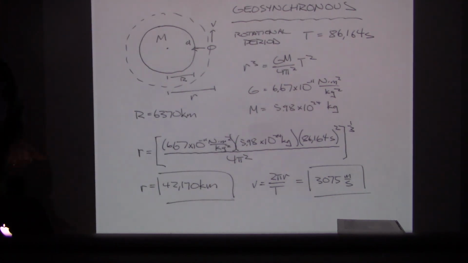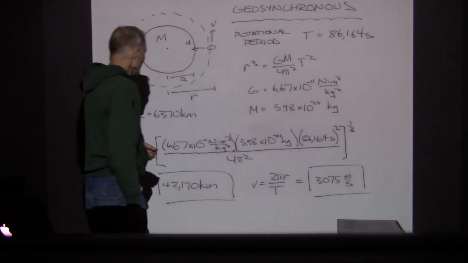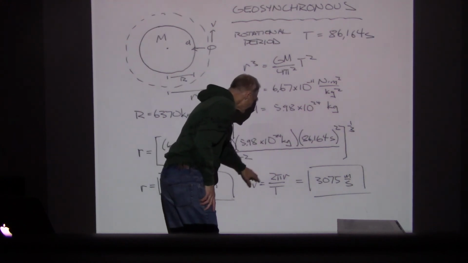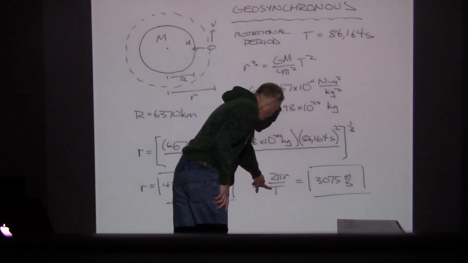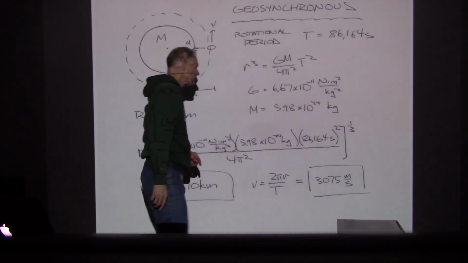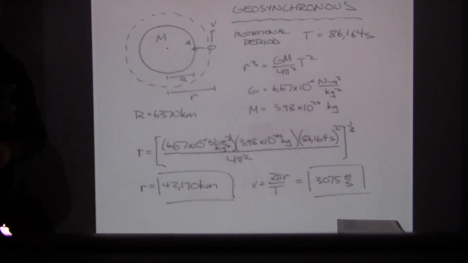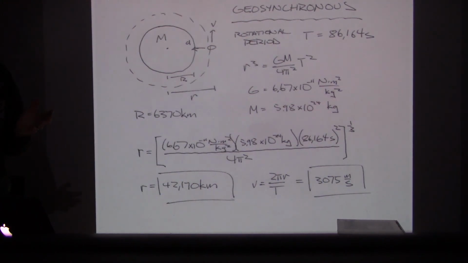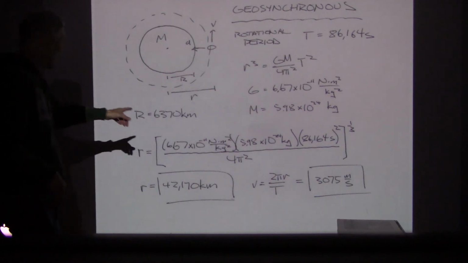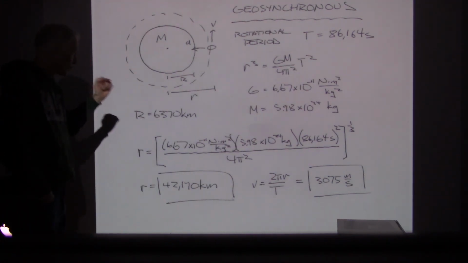So when we calculate this, the velocity can be calculated as 2 pi r over the period, and that works out to be 3,075 meters per second. So we've got to launch this rocket with the satellite attached, get it up into a direction where it's headed in a circle.